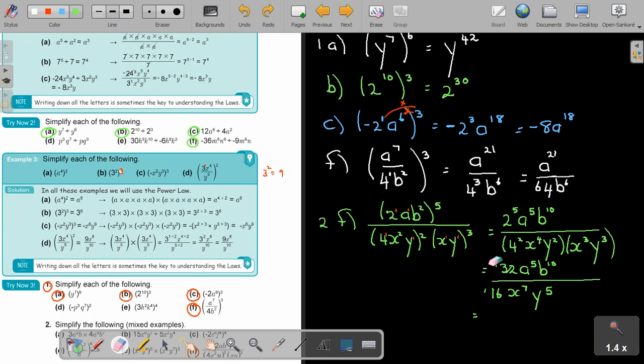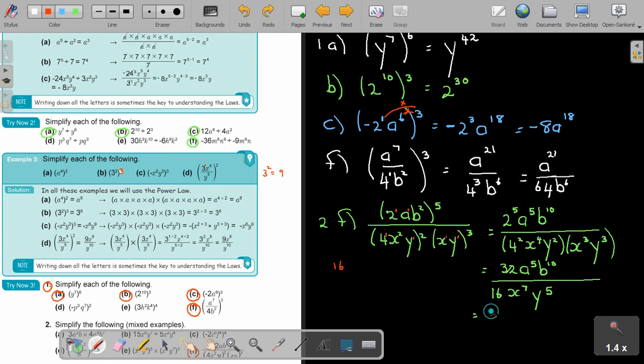Basically, if I then simplify this, 2 can go in 16. It can go in 1 and 2. Yes.